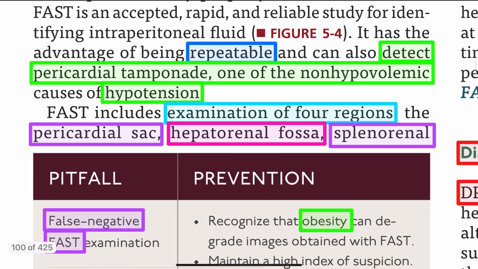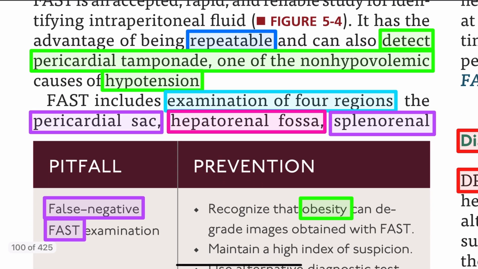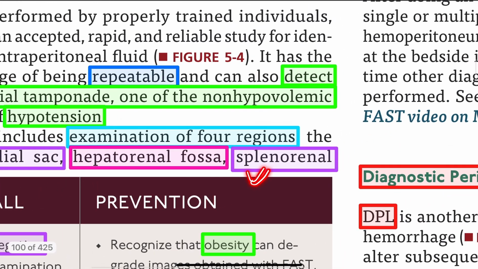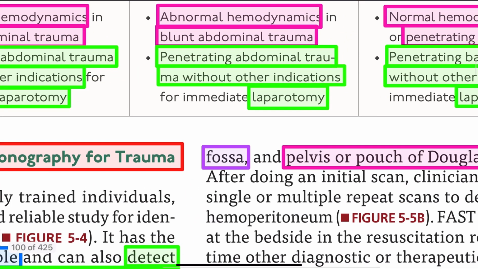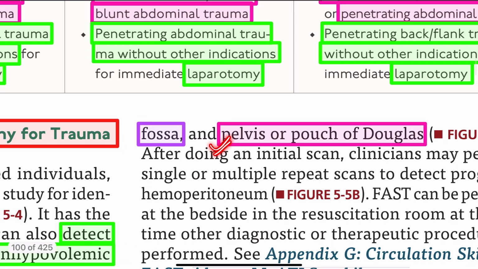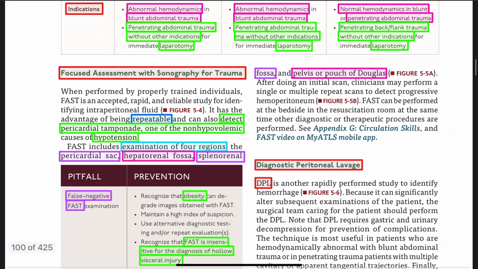In FAST you have to examine four important regions: the pericardial sac, the hepatorenal fossa, the splenorenal fossa, and the pelvis or pouch of Douglas. So important: heart, liver, kidney, spleen and pelvis.